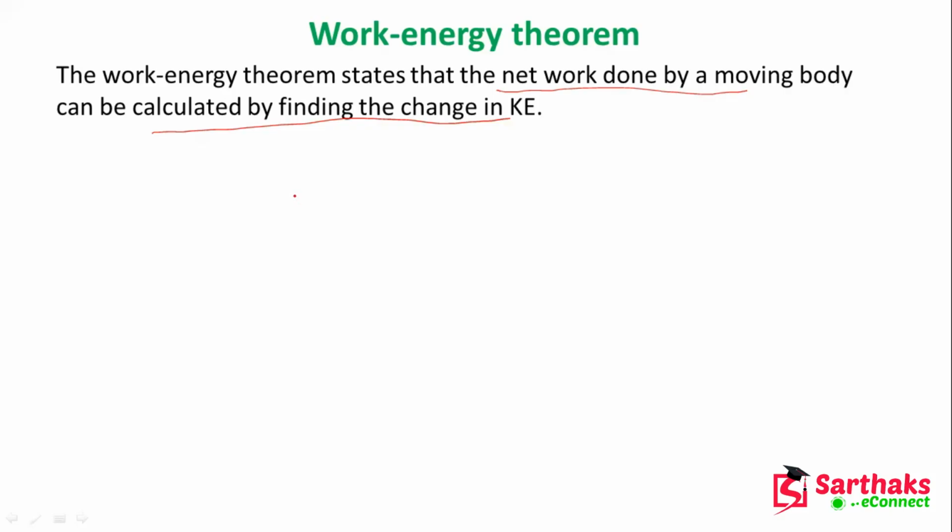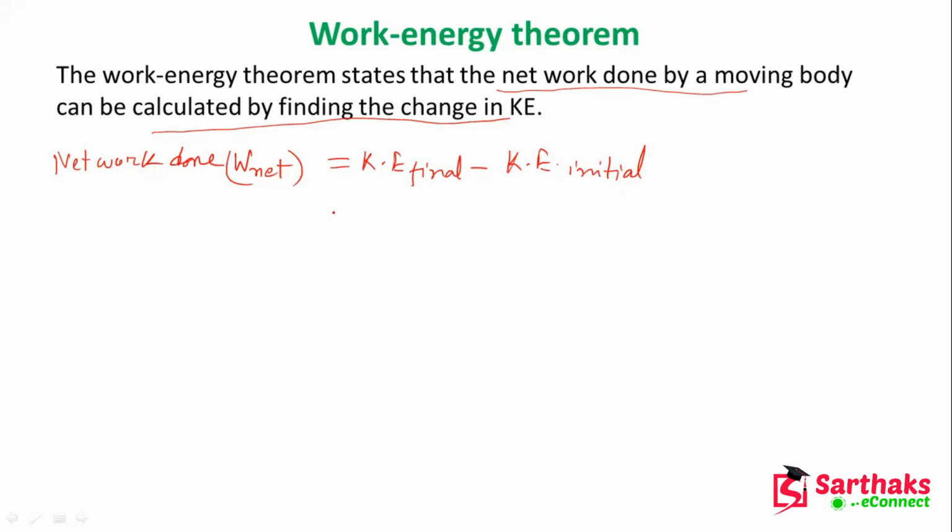So we can write the net work done, W net, is the kinetic energy final minus kinetic energy initial, right? This is the difference in the energy.